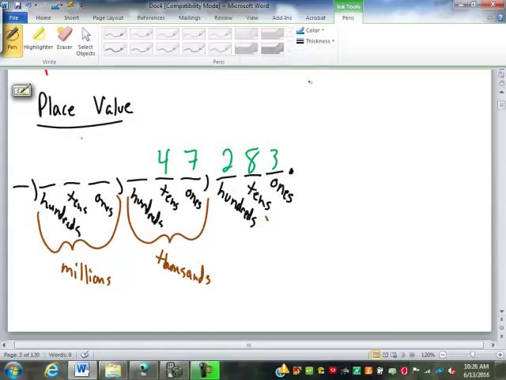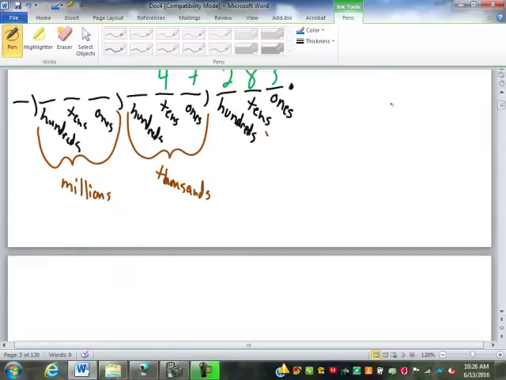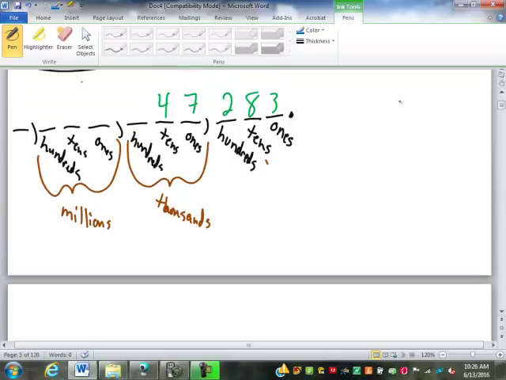But those place values are important for a few reasons. The first one, of the simplest reasons, is it defines what that number truly is. The 47,283 that we're used to seeing is really an abbreviation.